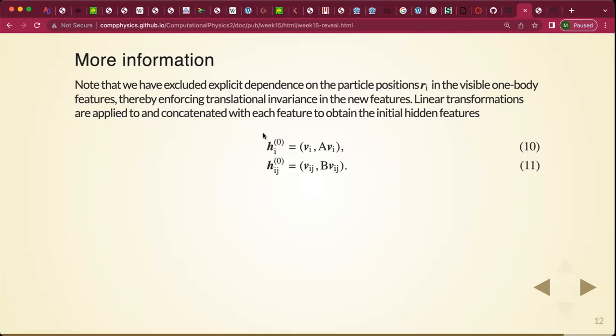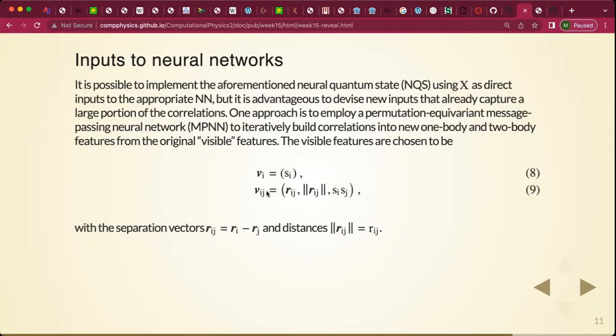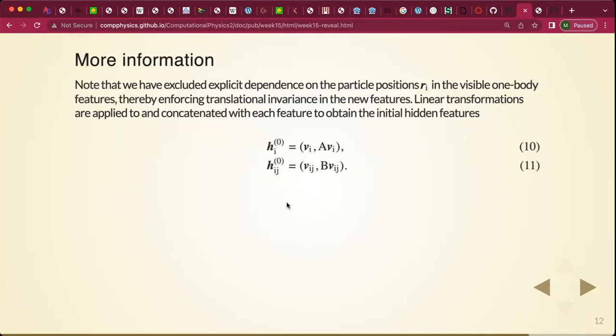And then you can have a linear transformation between the input layer, which is given by these parameters V of i here, and this V ij, which are defined as in the previous slide. So V ij contains these input parameters, and then the V of i are just the spin values. So we don't give the positions of the particles. We are more interested in keeping translation invariance, which is an important invariance.